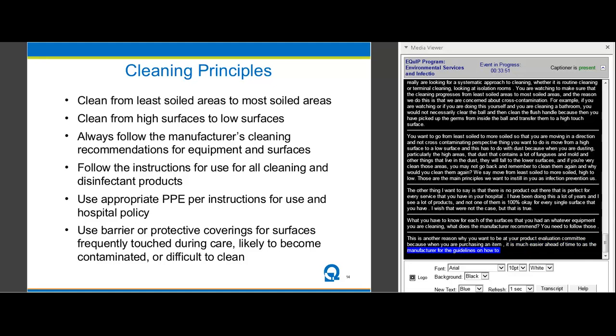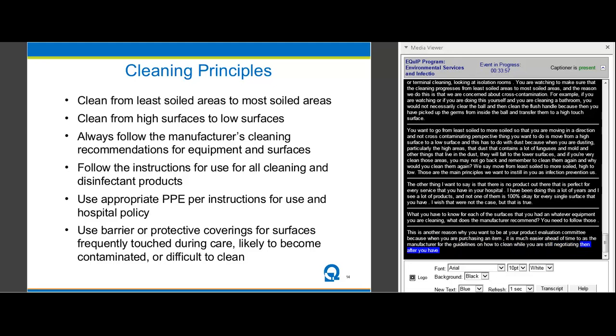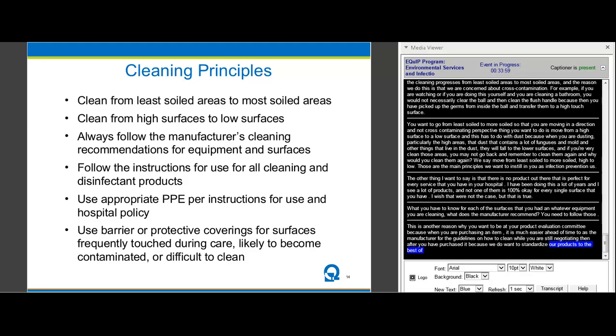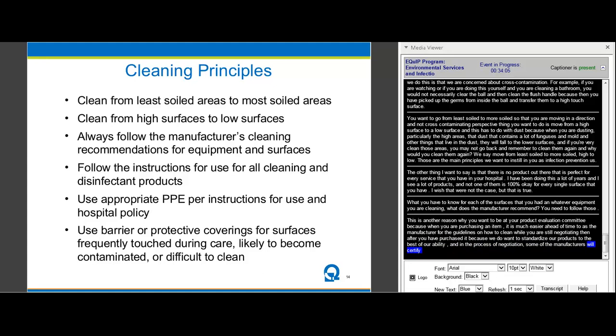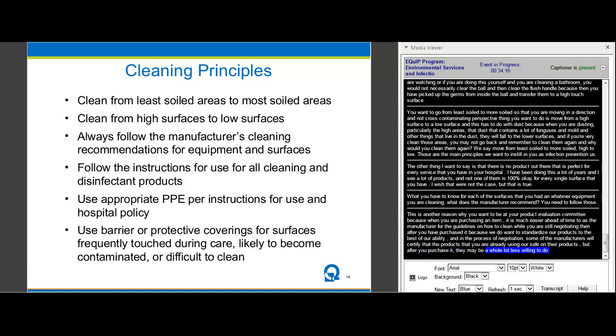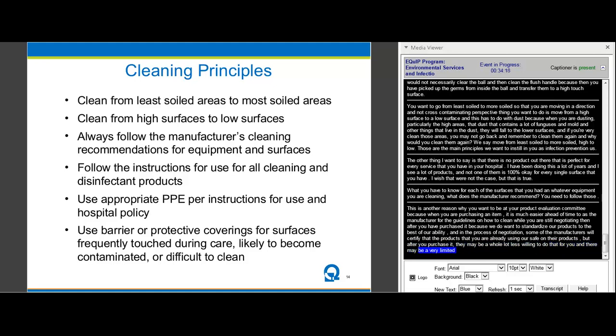Because we do want to standardize our products to the best of our ability, and in the process of negotiation, some of the manufacturers will certify that the products that you're already using are safe on their products. But after you purchase it, they may be a whole lot less willing to do that for you, and there may be a very limited or narrow scope of the product, safe cleaning products that can be used on their surfaces. So, again, product evaluation committee is the place you need to be so that you can get ahead of it.